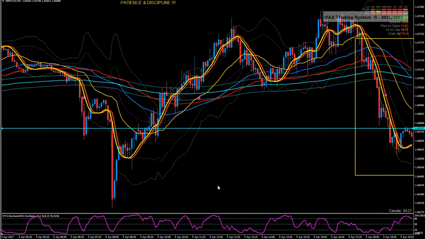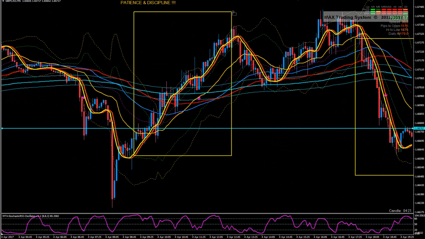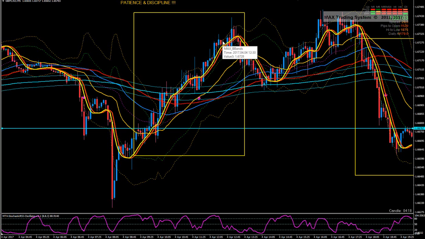And this will happen very frequently. Look here. With the max ETF, we can catch all that movement here, while with the max standard alone, we would have perhaps traded only that movement here, at best.